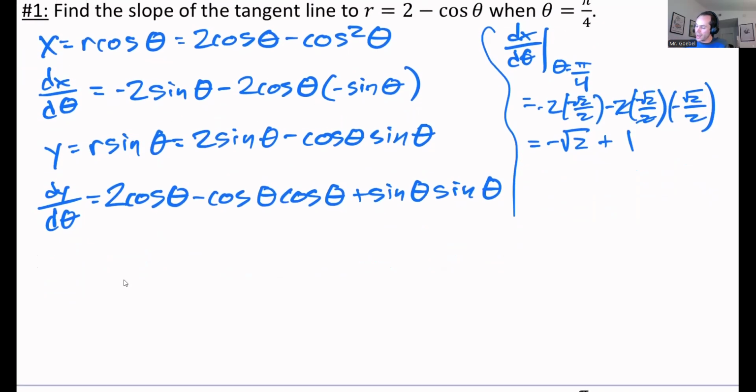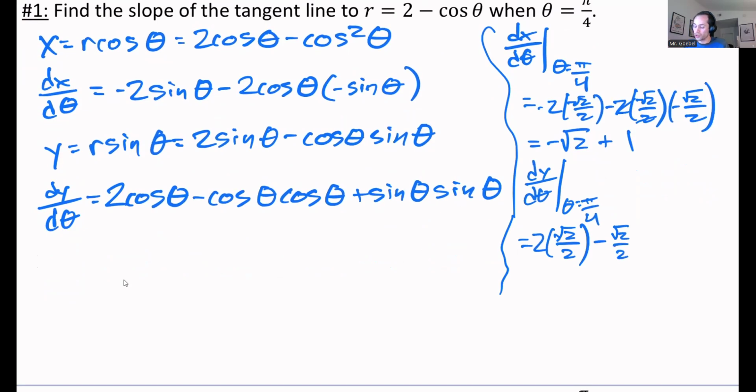And we're going to do the exact same thing for dy d theta. Plug in theta equals pi over 4 to that one. So here we go. 2 times √2 over 2 minus √2 over 2.